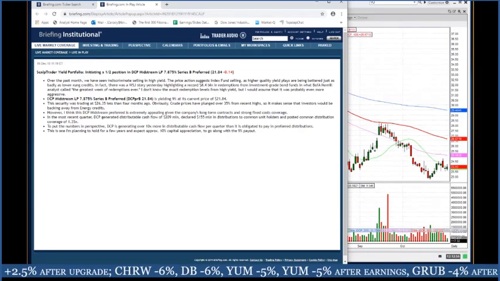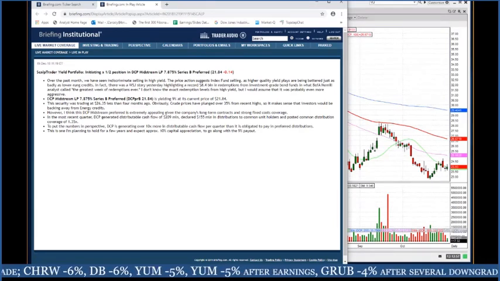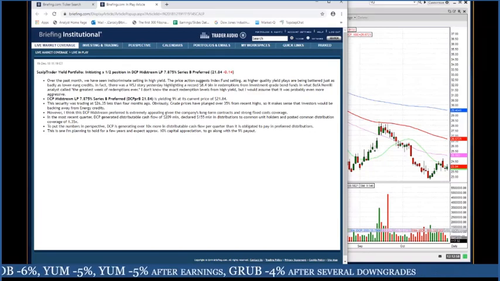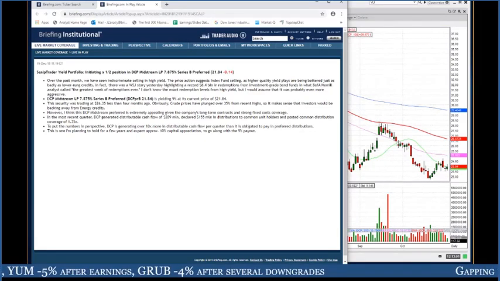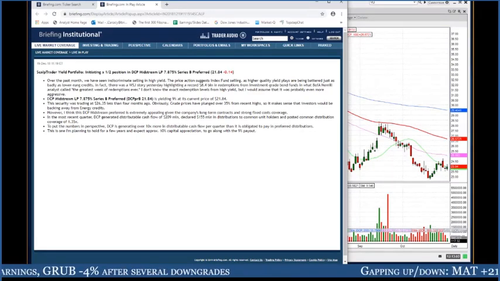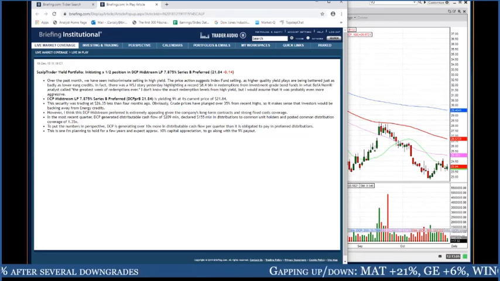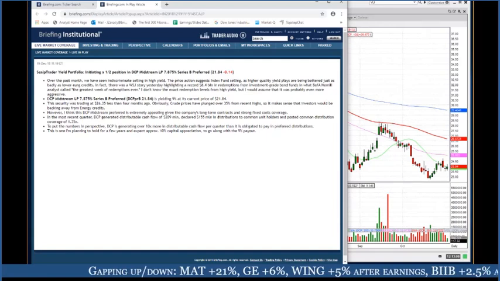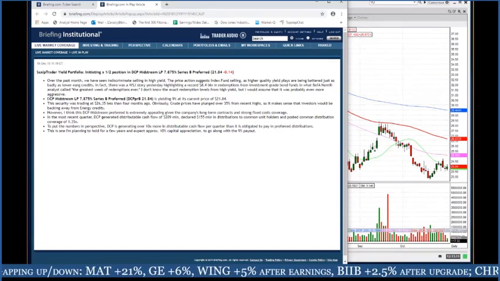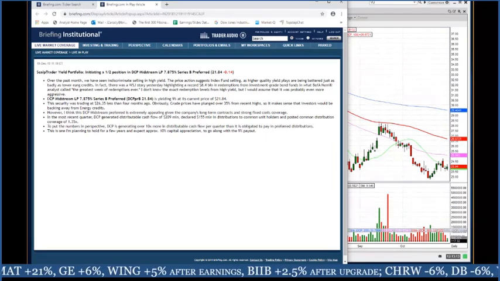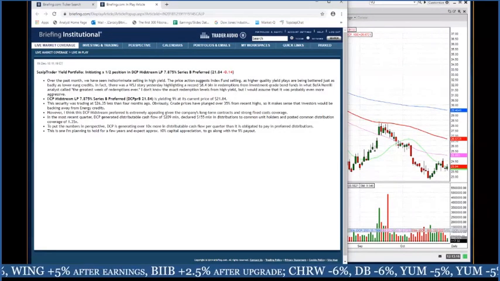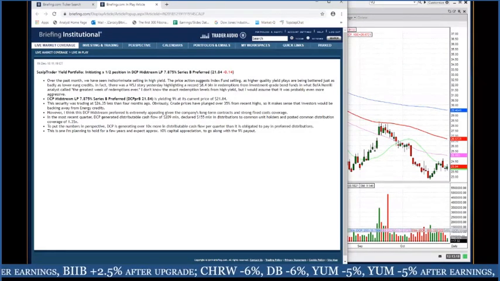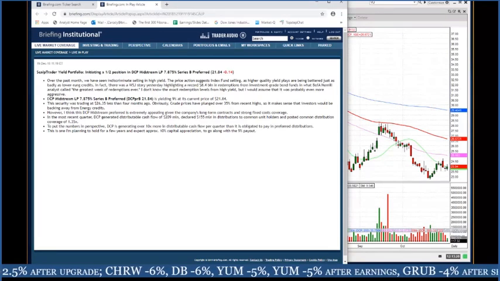To put that in perspective, their distributable cash flow is over 10 times more than they're obligated to pay on preferred distributions. Basically, they'd have to have business decline so much that they would lose $209 million worth of cash flow before the preferred could not be paid.